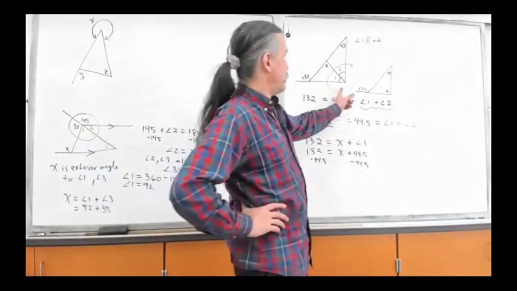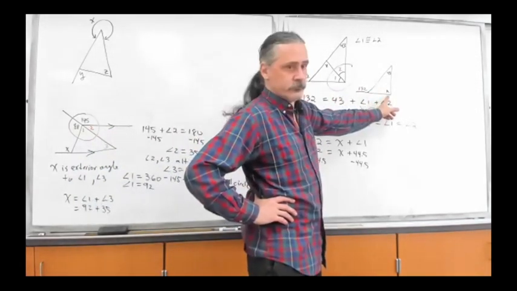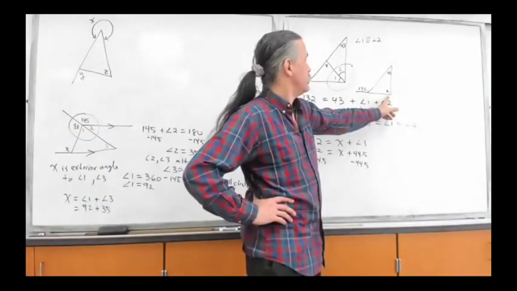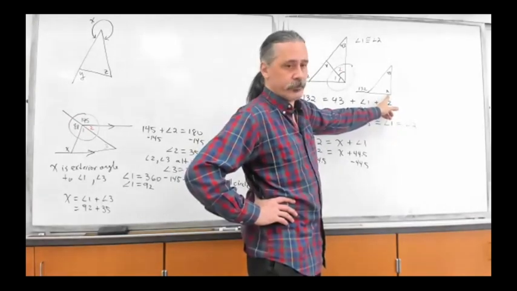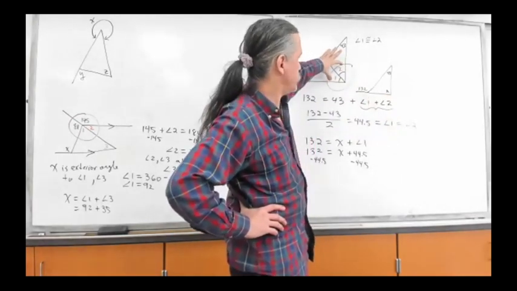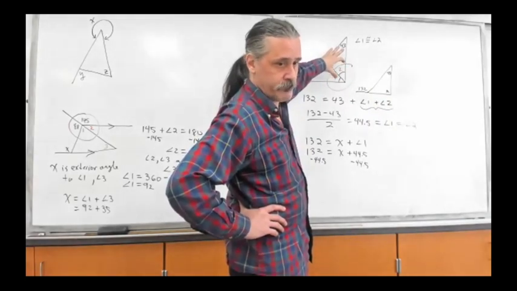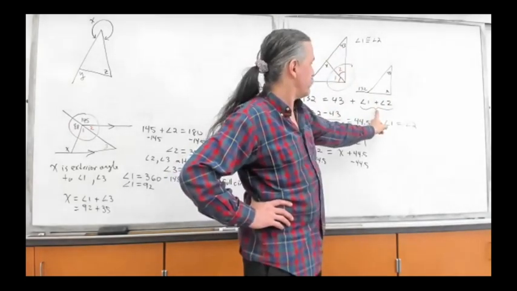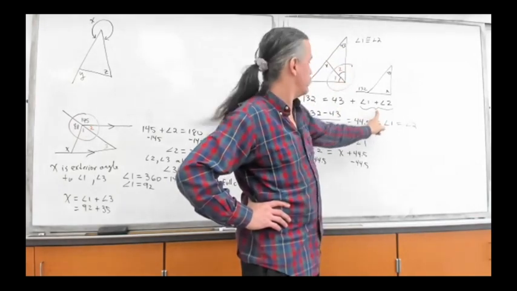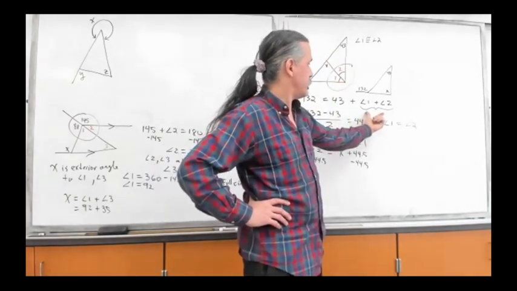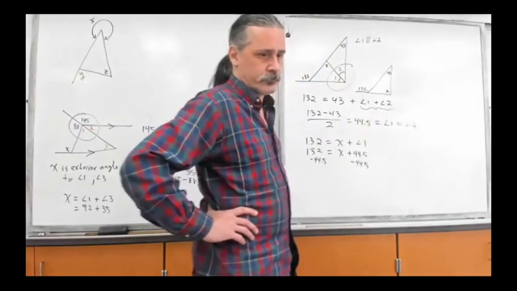So with the bigger triangle, that angle and 43 is exterior to 132. Well, that angle, I just labeled it A. That's the combination of the angles 1 and 2, which are the same. And so when you subtract 43, you just divide by 2, because those are both the same.